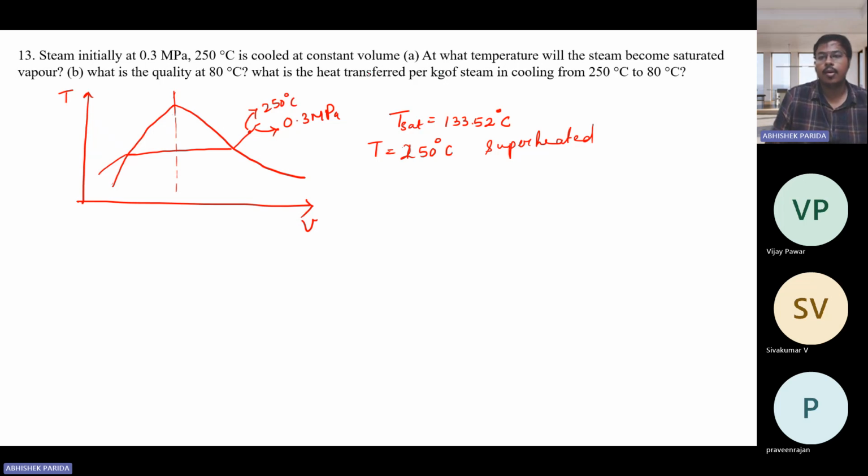Now, at what temperature will the steam become saturated? So it is constant volume, it is reduced to here. So it is asking this temperature.